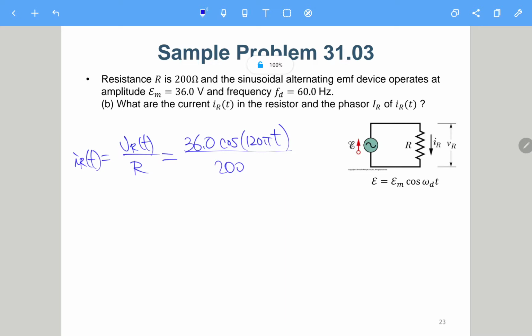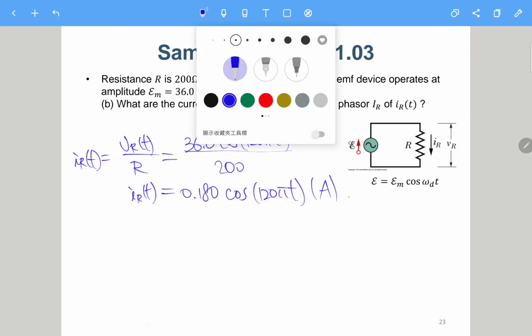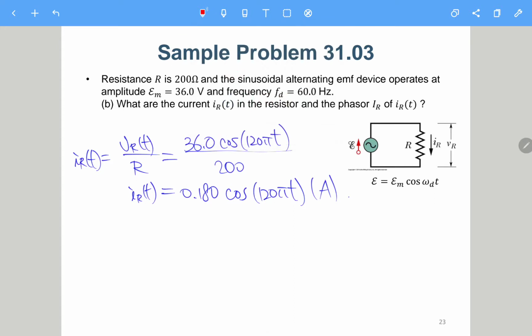So in this case it is 0.180 cosine of 120 pi t. This is the current in amperes, so this is i_R of t.